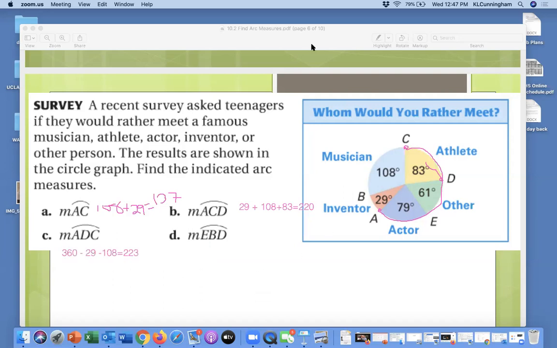Now for D, it wants the measurement of arc EDB. So that would be EDB. All right, so I'm again going to do the 360 minus, because that's the quicker way to do it. So it's going to be 360 minus 29 minus 79.